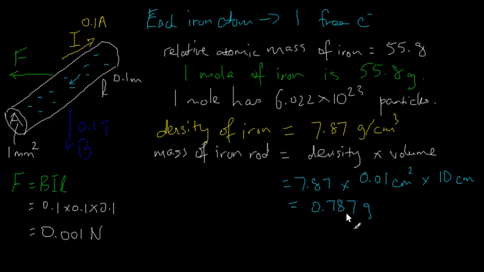Now that we know the mass of this iron rod, we can divide by the mass of 1 mole to find the number of moles, and then we can multiply by the Avogadro constant to find the number of particles. So this is how it works.